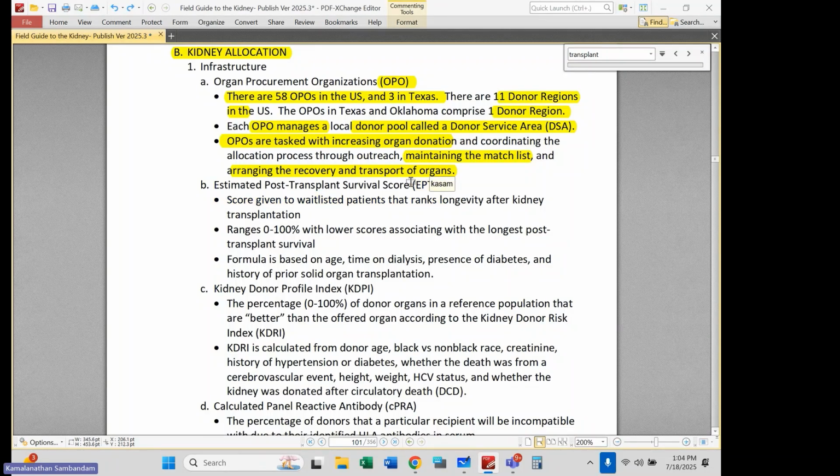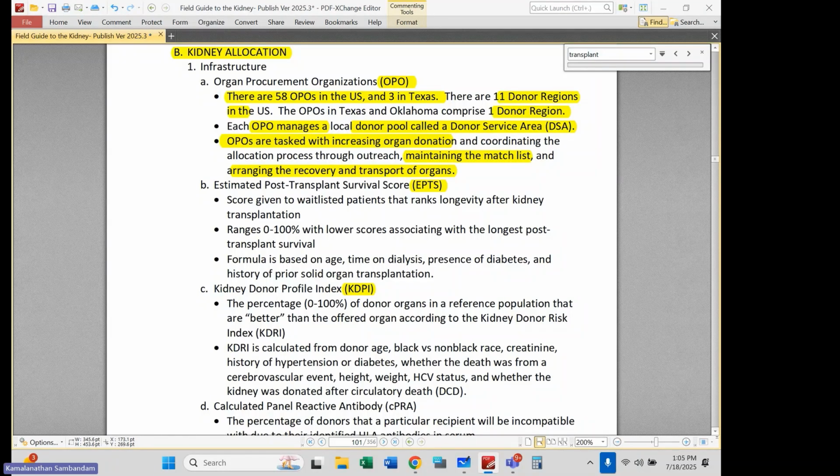These are 2 scores that you have to understand. There's an effort to pair good quality kidneys with healthy recipients, and that's this EPTS and KDPI score. Before, there was no effort to do that. Not like 50 years ago, like 15 years ago.